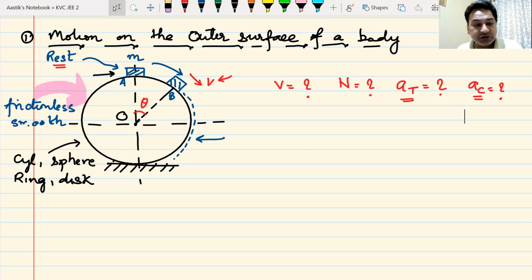So I would like to know your thoughts. What do you think I should do to solve this question? I have to find the value of velocity v, the value of normal reaction, the value of tangential acceleration, and the value of centripetal acceleration. Your thoughts, please let me know. What do you think? How am I going to solve it?